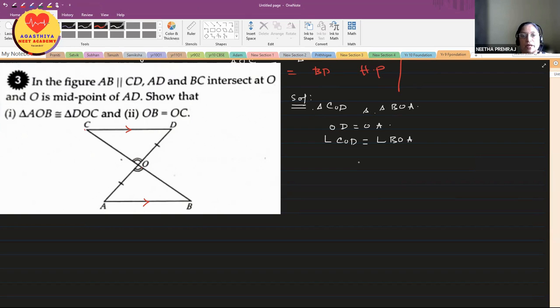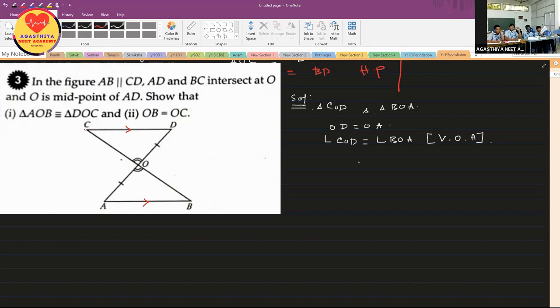Why are the angles equal? The previous sum we have seen: vertically opposite angles. Now see, it is given in the sum CD is parallel to AB, isn't it? So what about these two angles?